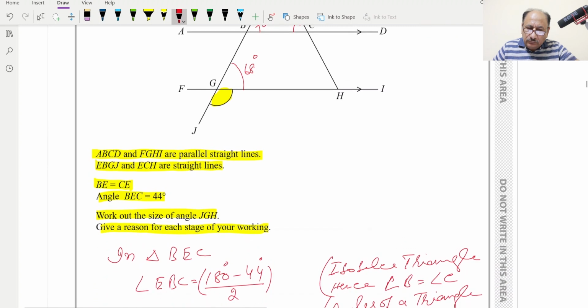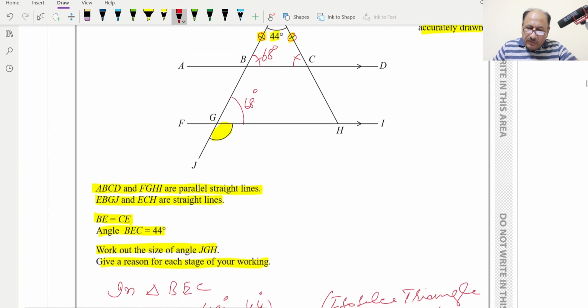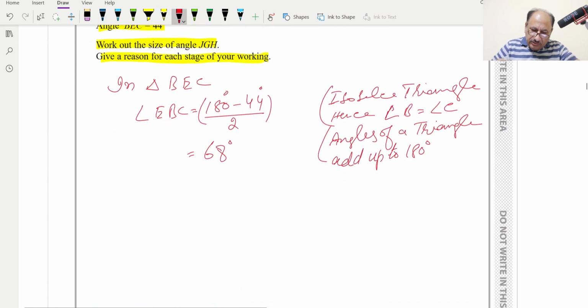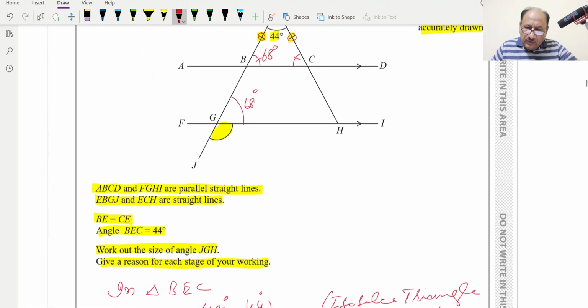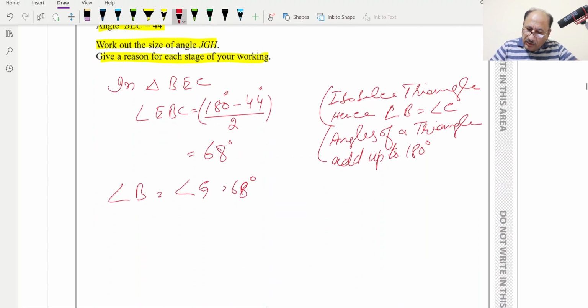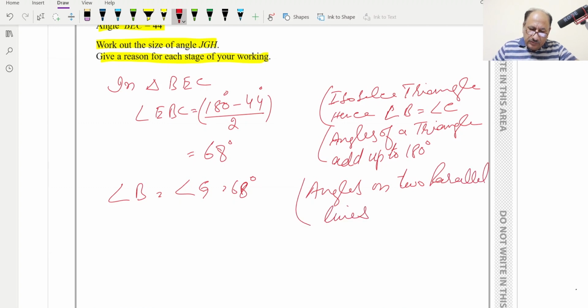So, parallel lines, AD is parallel to FG. So angle B will be equal to angle G, which is equal to 68 degrees. And the reason for this one is AD is parallel to FG, so angles on two parallel lines are equal.